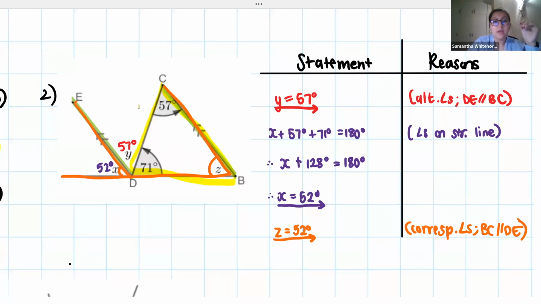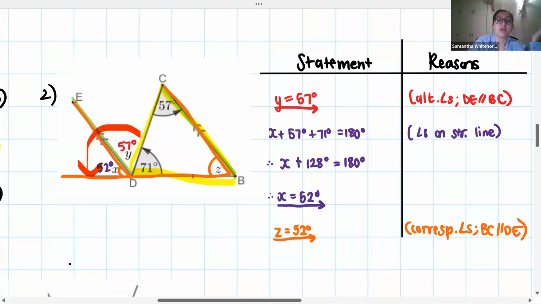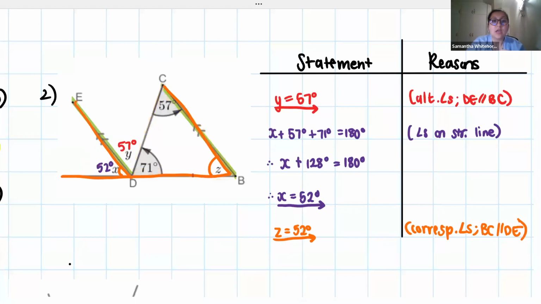That's no problem. Once you found y using alternate angles, you could have used the exterior angle of a triangle to work out x, or vice versa with z and y. There are different ways that you can do this. I'm just not doing the triangle reasons because we haven't done them yet.